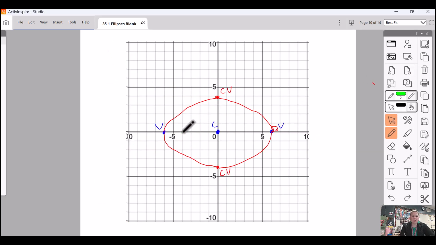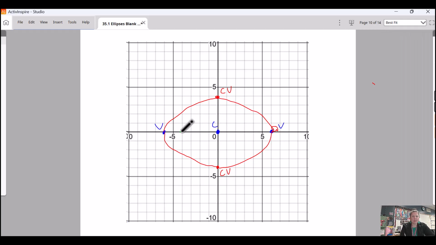So I'm going 4.47 away from my center: 1, 2, 3, 4.47. That is a focus point, and on the other side, that is a focus point. This is my focal length from the center.